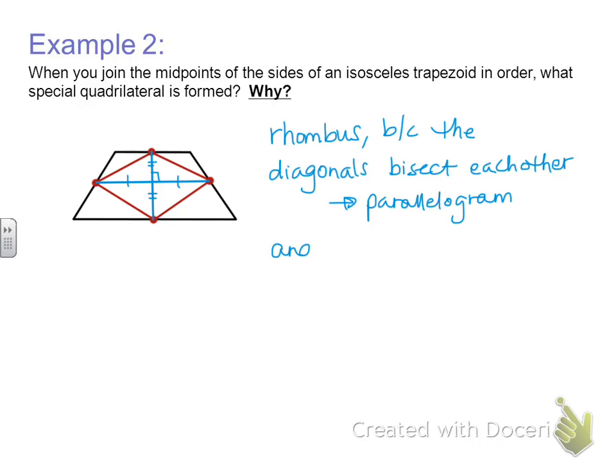And then that's when I'm going to bring in that the diagonals are perpendicular, and that tells me that it is a rhombus. Right?